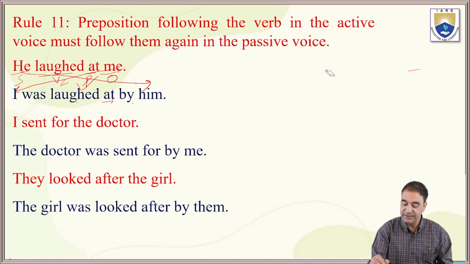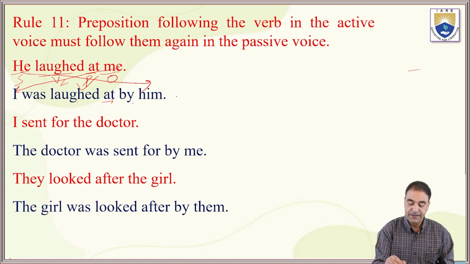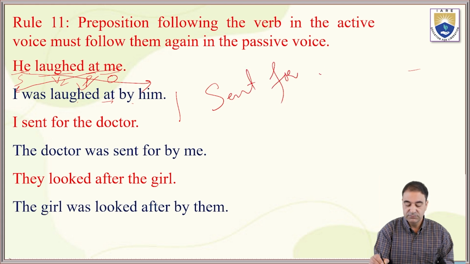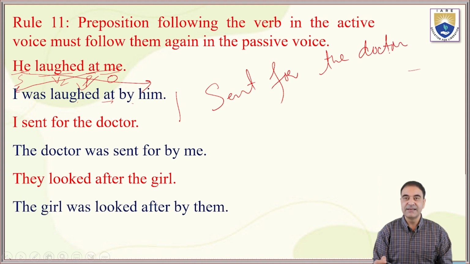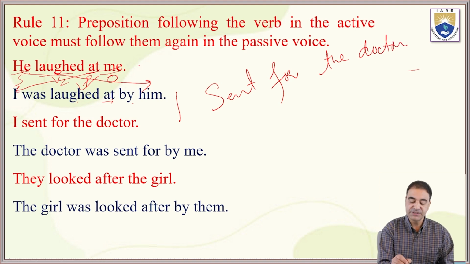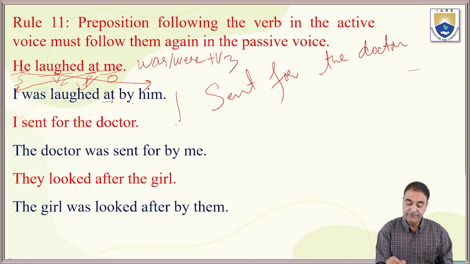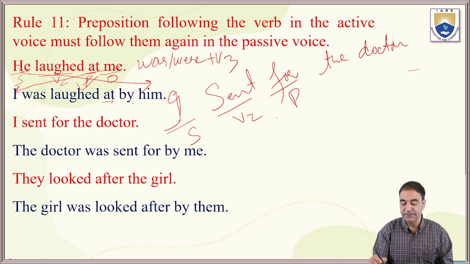Another example: "I sent for the doctor." This is simple past tense. As you know, simple past tense will change into was, were, plus verb in third form. Here "I" is the subject, "sent" is the verb in second form, "for" is the preposition, and "the doctor" is the object.